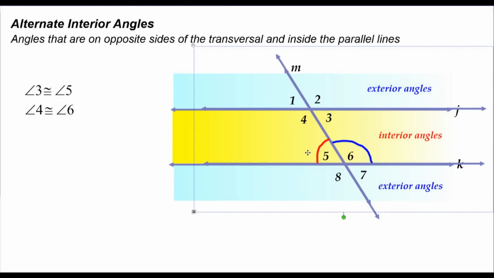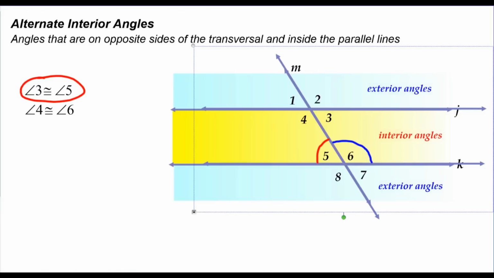So angle 3 and angle 5 are kind of like mirror image angles to each other. So they are congruent. Angle 3 and angle 5 are actually going to be the same size. So alternate interior angles are going to be congruent. They're kind of a reflection of each other.